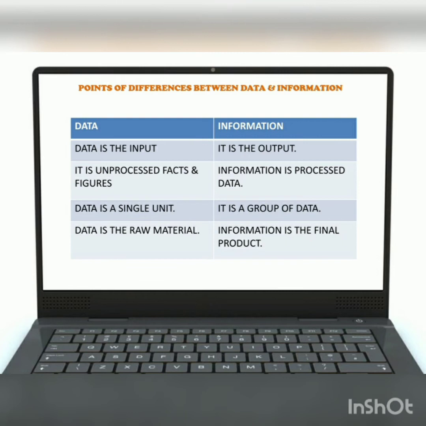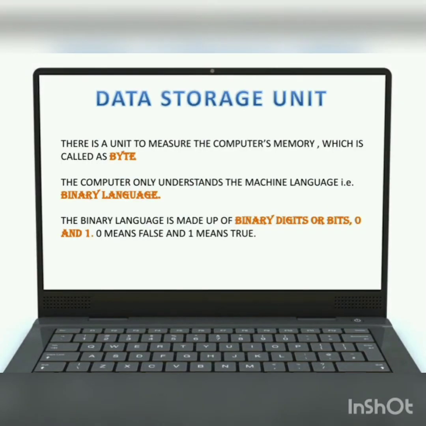Data is the raw material, while information is the final product. Kids, today you have to note down these points of difference between data and information in your class copy, and let me see.